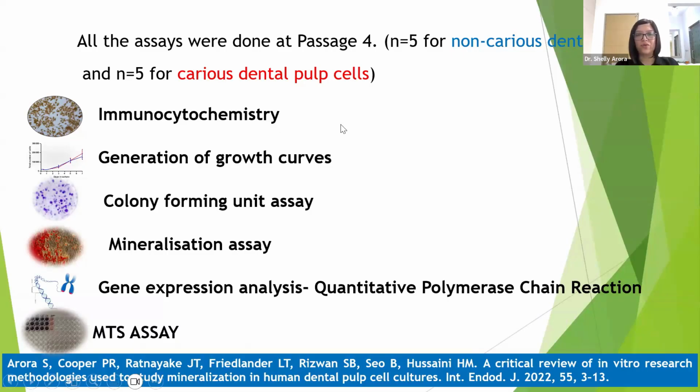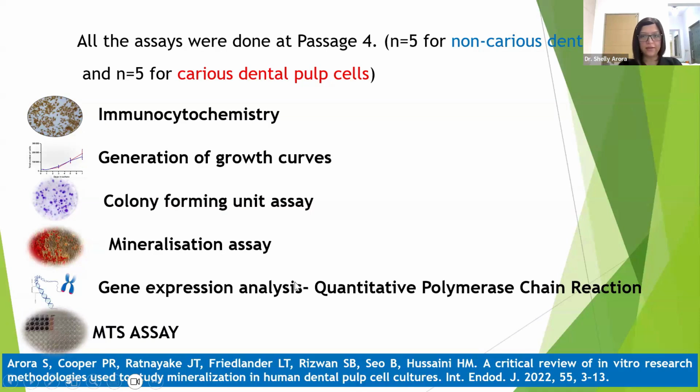Immunocytochemistry was done to look for the mesenchymal expression, then to look at their growth kinetics, their self-replicative potential. Another essential ability of these dental pulp cells, if they have that dental pulp stem cell population, is the ability to differentiate into a mineralizing phenotype, which is confirmed by the mineralization assay, that is, alizarin red assay.